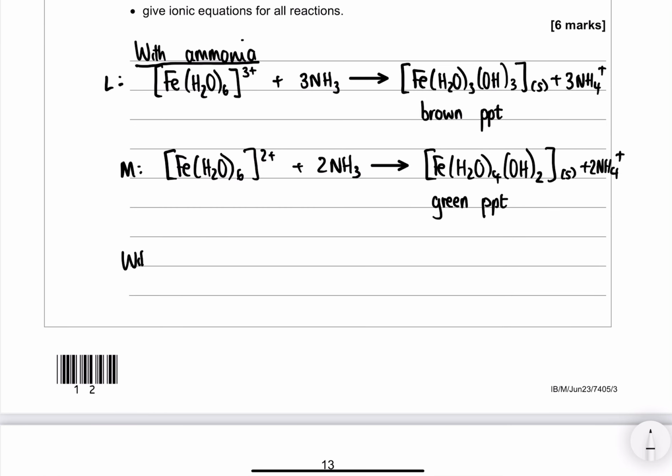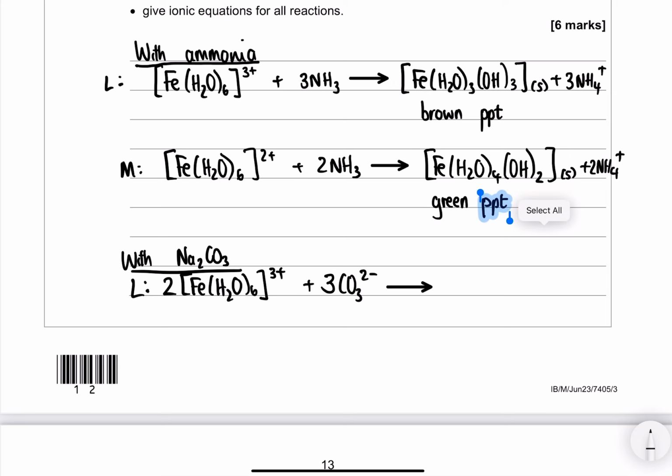And then we're going to start with sodium carbonate. We're only doing ionic equations, remember. So with L, we've got the Fe3 plus, and we've got the CO3 2 minus. Now, before I even draw the products, I can look at this and say, to balance the charges, I need to get 6 pluses and 6 minuses, because that's the first common multiple.